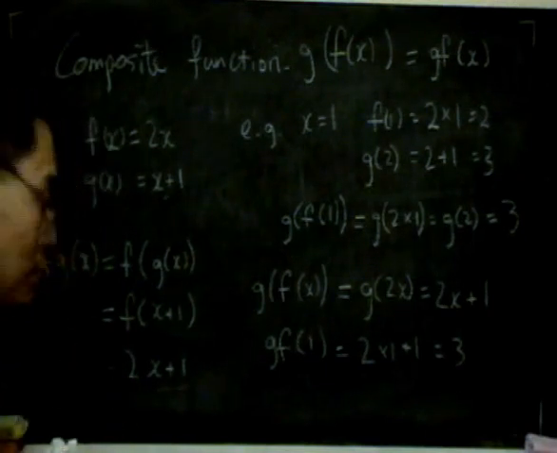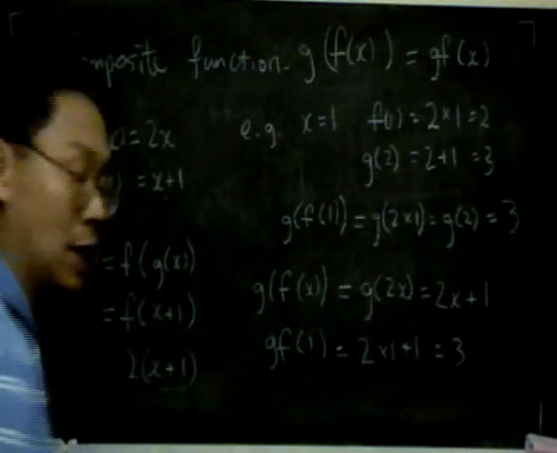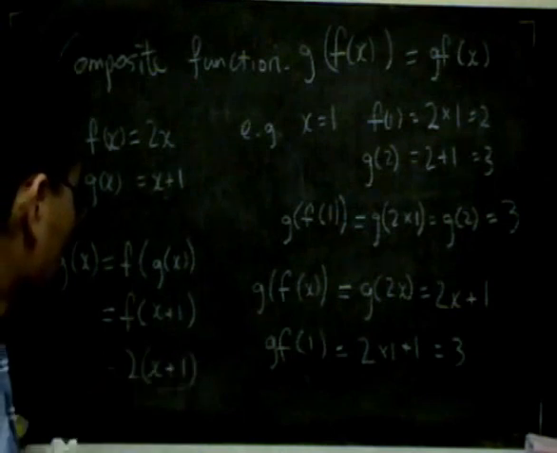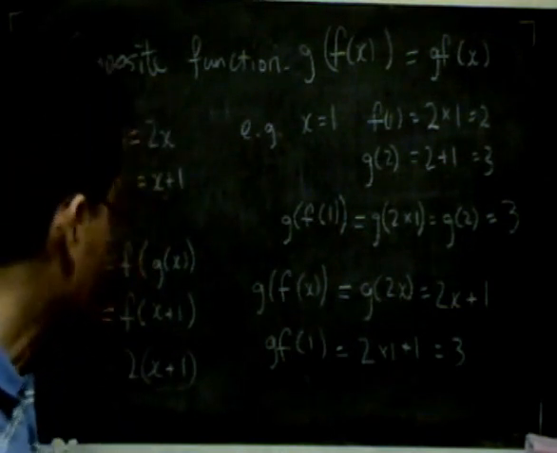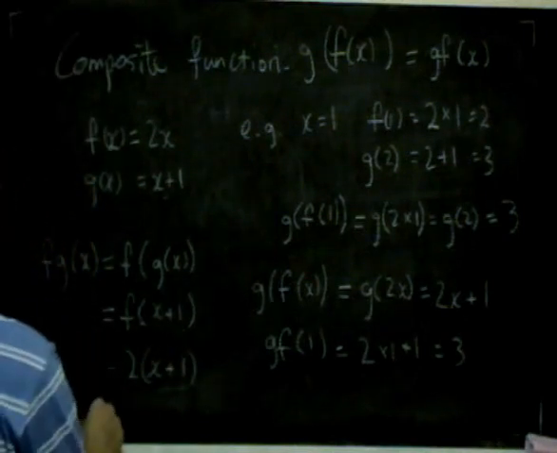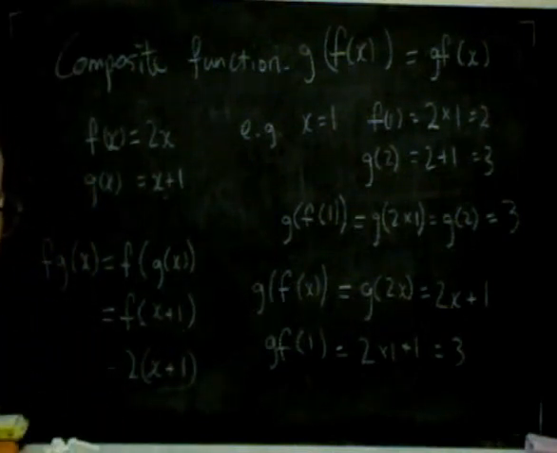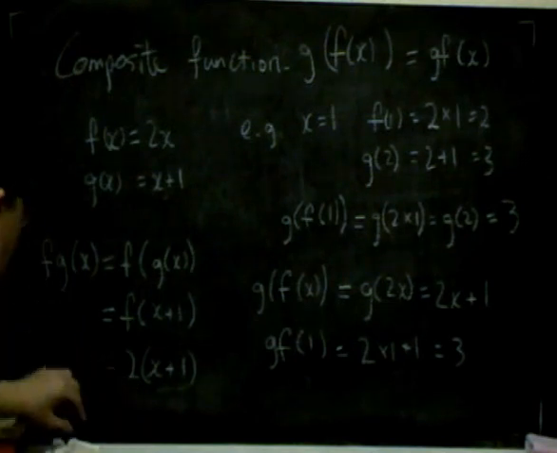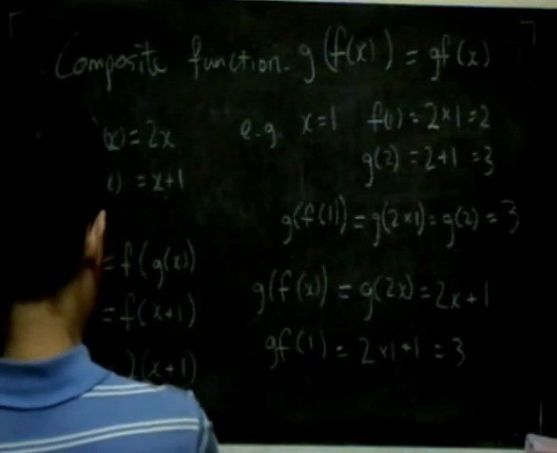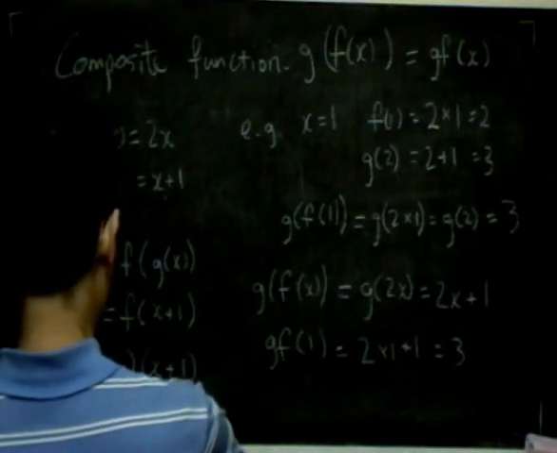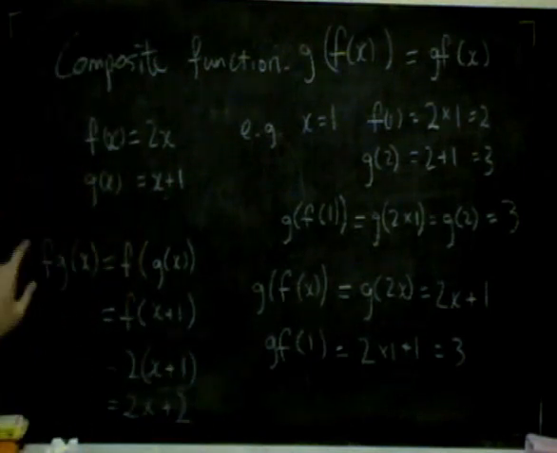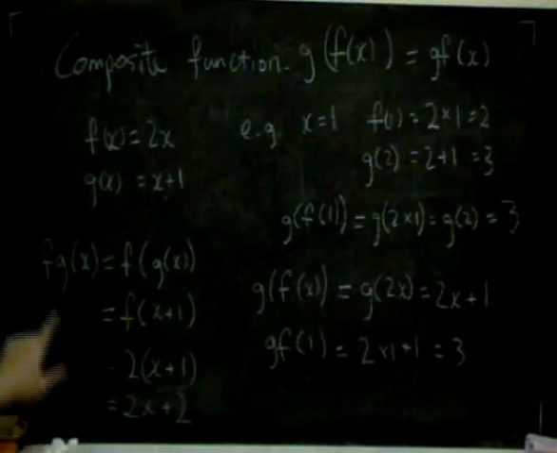And we represent that by putting brackets around it. So that is very important. You can see that if you put brackets around it, it's completely different from not having brackets. So 2(x plus 1) is now the formula that we have found. I'm just going to now remove the brackets to give 2x plus 2. So fg of x is 2x plus 2.